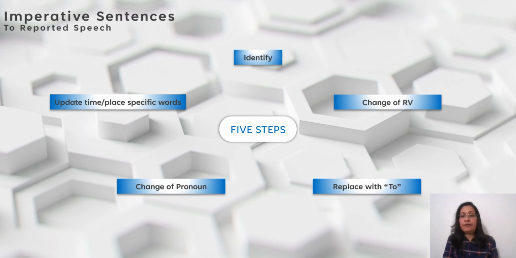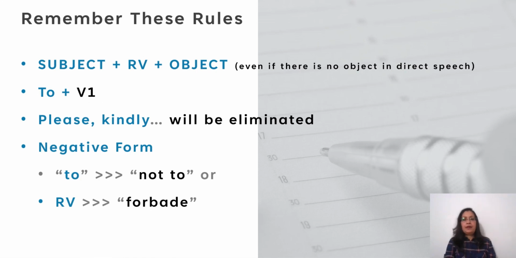The next step that you have to follow is this: replace the quotation mark with to plus verb. As we already know, children, imperative sentences always begin with a verb, right? Close the door, stop talking, come here. They all begin with a verb.